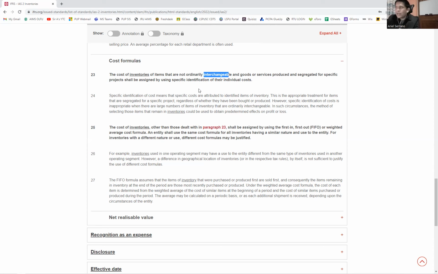So we can identify and attribute the cost to that item of inventory. That is specific identification. Then there is also paragraph 25. The cost of inventories other than those in paragraph 23 shall be assigned by using either the FIFO or weighted average cost formula. Okay?